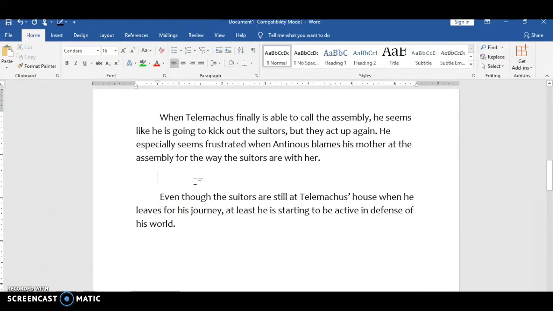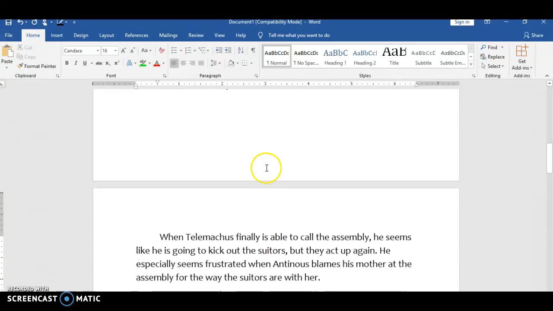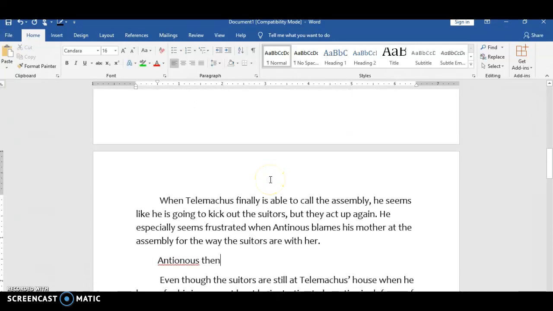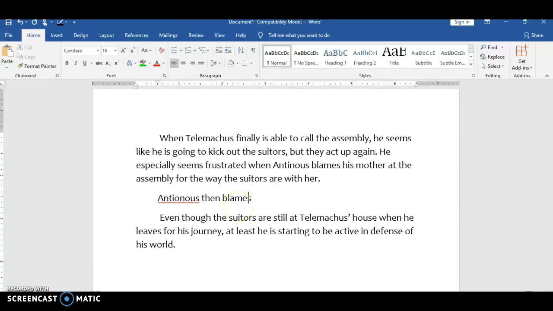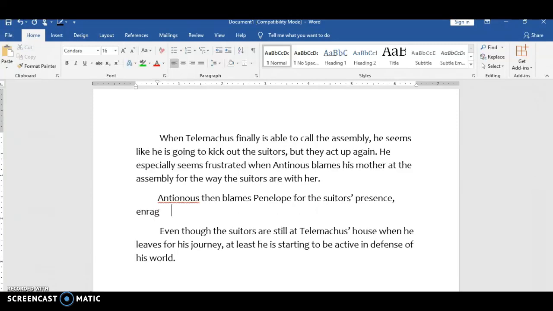I'm going to say Antinous then blames Penelope for the suitors' presence, enraging, oh, great verb, enraging Telemachus and deepening his determination to act. Oh, that's much better. If I could only spell Telemachus. Okay, and deepening his determination to act.